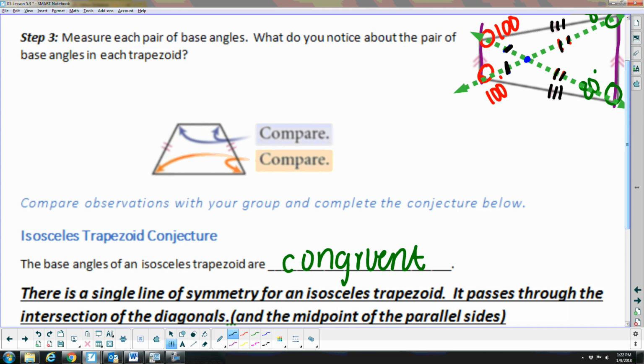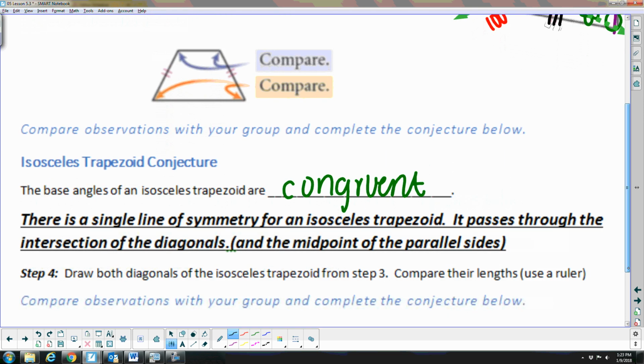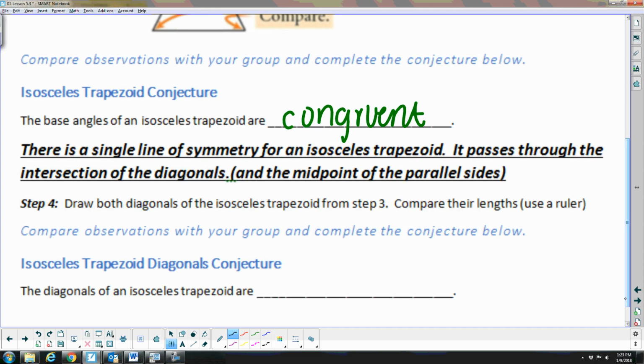So you have 2 isosceles triangles, and then the other 2 triangles are congruent. So that should tell you that the diagonals of an isosceles trapezoid are congruent.